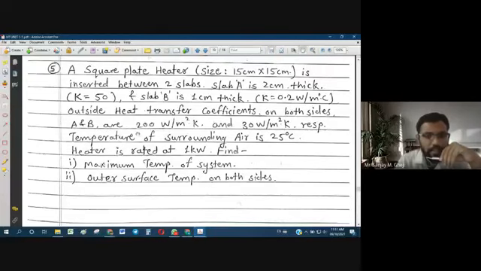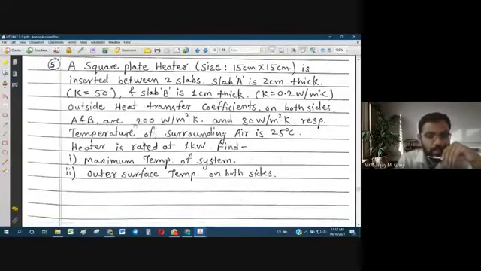On A side it is 200 watt per meter square Kelvin, and on B side it is 30 watt per meter square Kelvin. Even though heat transfer coefficients are different, the surrounding air is still the same, that is 25 degrees Celsius. Now, the heater is generating heat at the rate of 1 kilowatt.